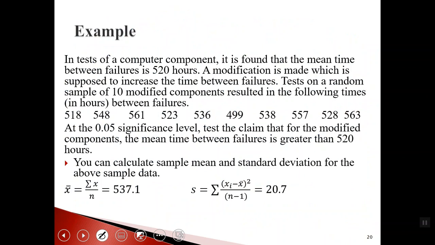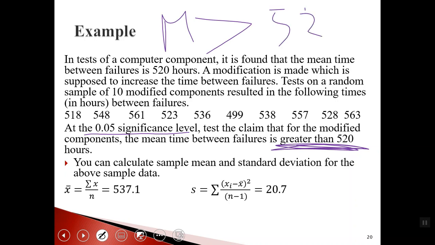There is another example. In this example, they have given their alpha value. Time between failures is greater than this value. Greater than is the keyword, which means mu greater than 520, a right tail test. They have given a data set.